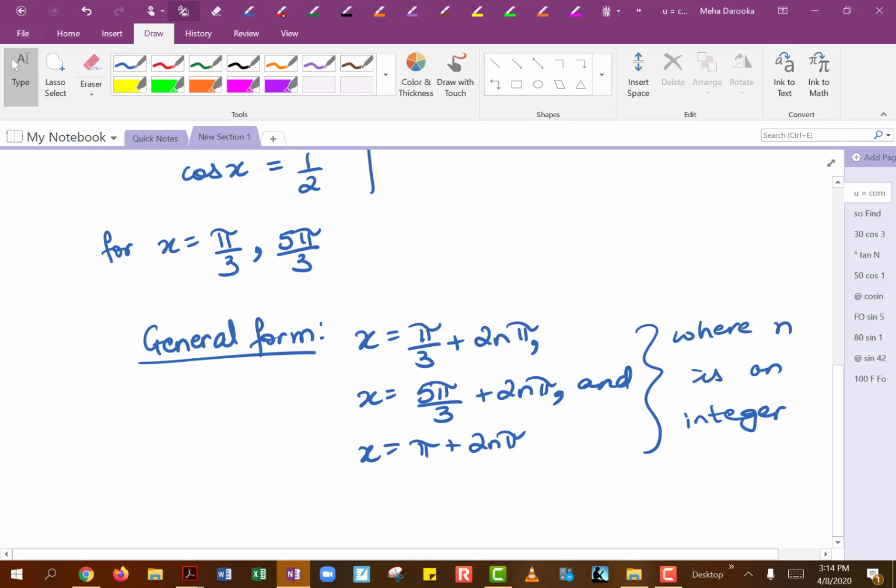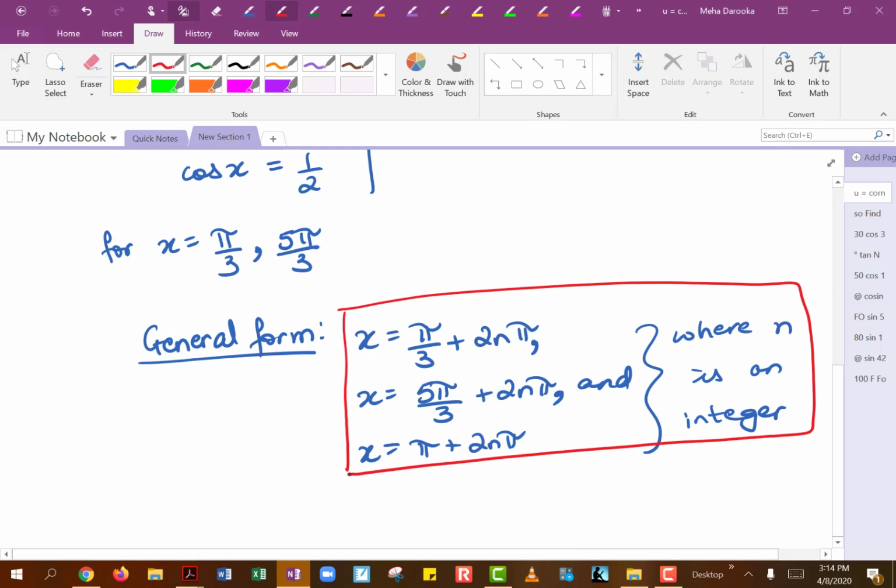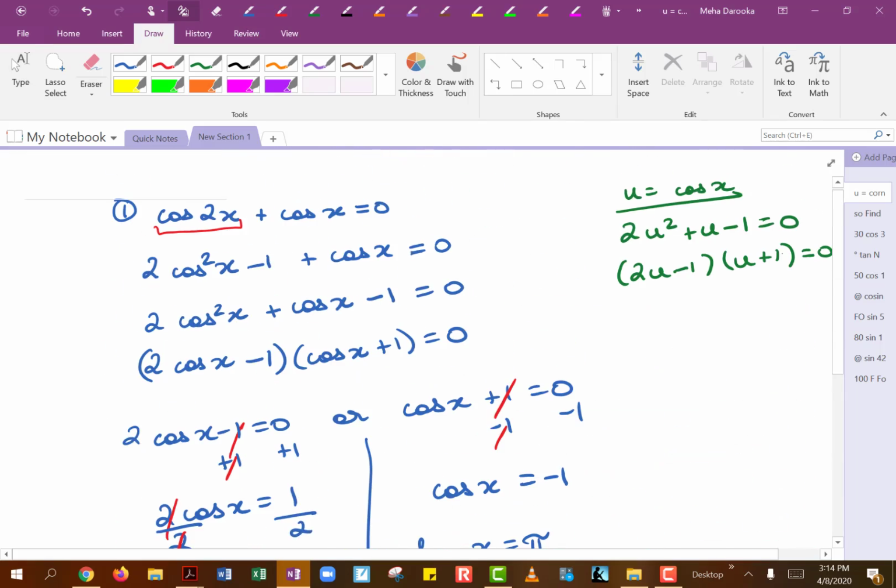Okay, so that would be your solution to this example 1.